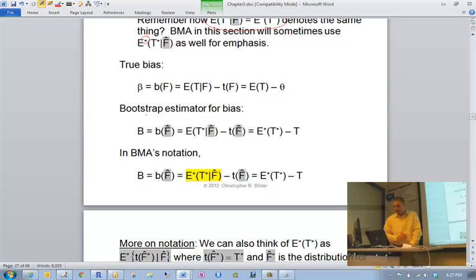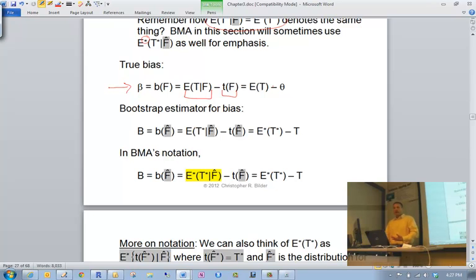Okay, so the true bias, and we've discussed a little bit of this before, but we're going to go into a little more detail. The true bias was denoted in Chapter 2 by beta. Again, you can think of that as a statistical function. It's called B of F. And that's simply the expected value of T given F minus T of F, or in other words, the expected value of T minus theta.